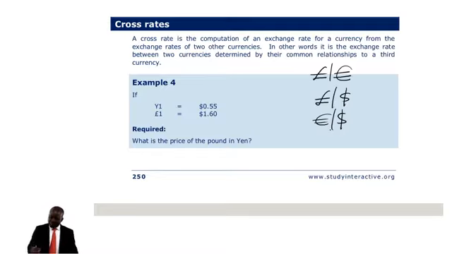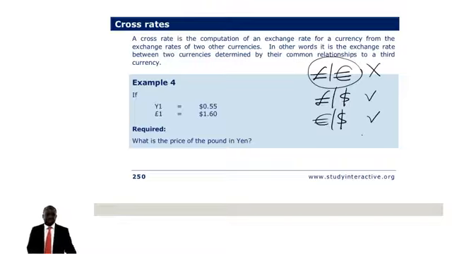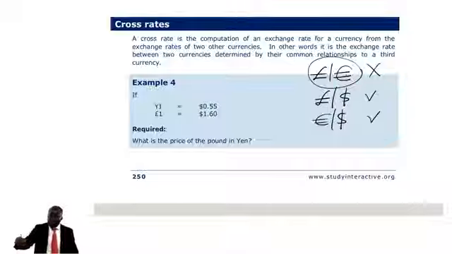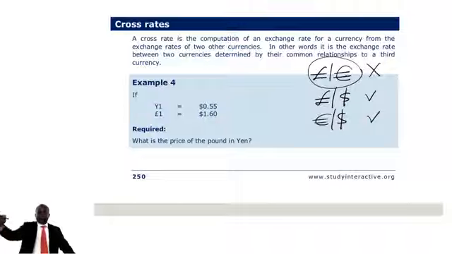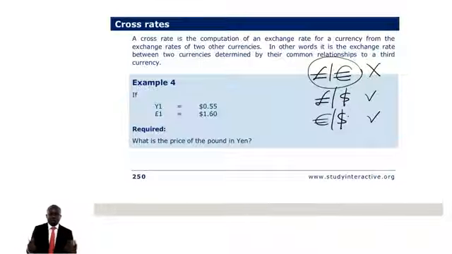Because I have got pound and the dollar and euro and the dollar, these two currencies I'm looking for their exchange rate is not given directly, but those two currencies, they have a common relationship to a third currency, which is the dollar. So I can use their common relationship to do the proportion to establish the exchange rate between these two.